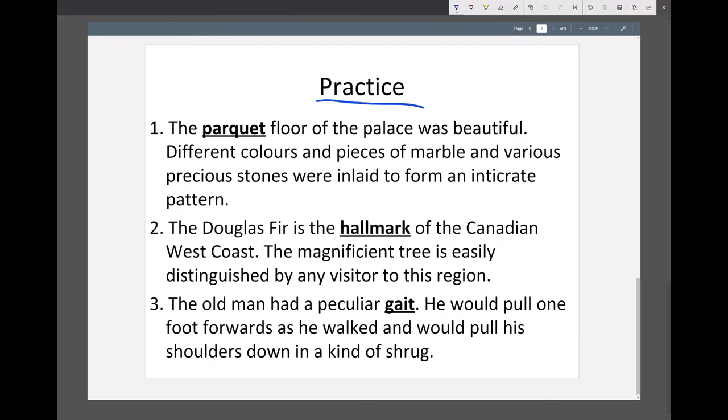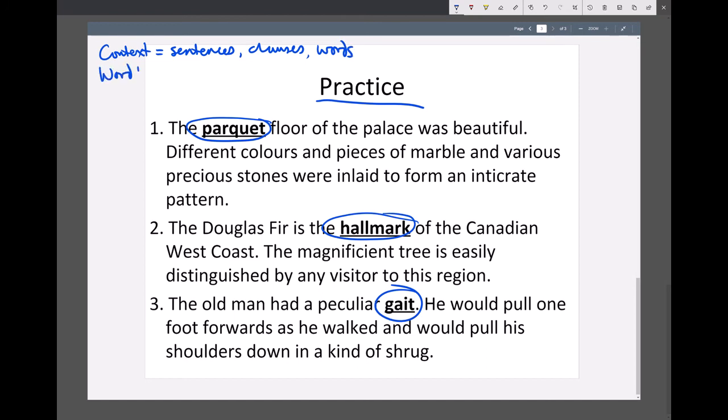Practice these words. So parquet, that's one. Hallmark, that's two. Gate, that's three. Okay, remember, you can use the context. So that's sentences, clauses, and certain words. You can also use word parts.